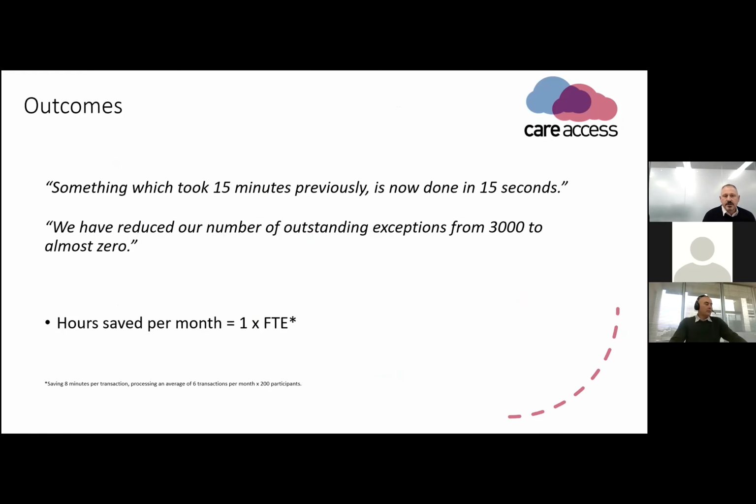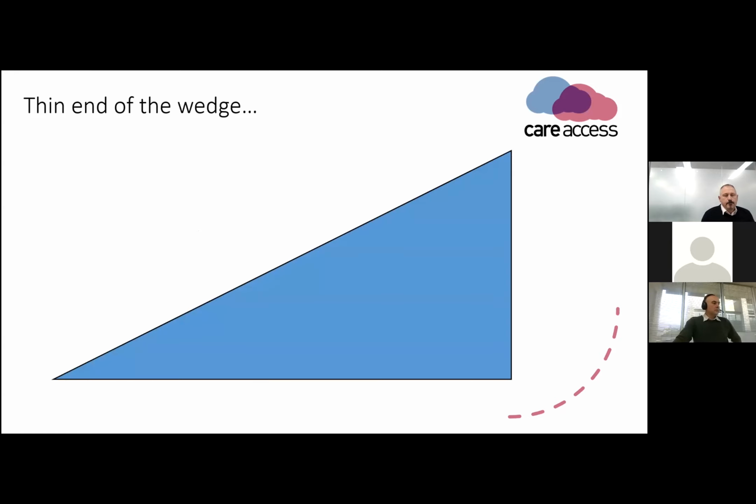Speaking of the outcomes, some of the pilot sites we've worked with, something which may have taken 15 minutes previously is now done in 15 seconds. And this particular organization reduced their number of outstanding exceptions from 3,000 to almost 0. So this has provided them with the value of one full-time member of staff without having to resource that.